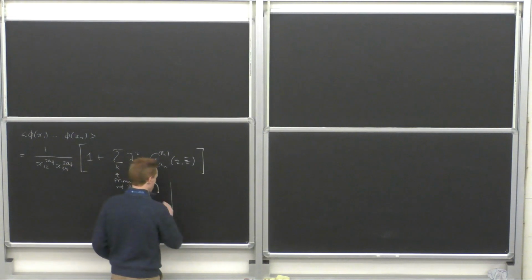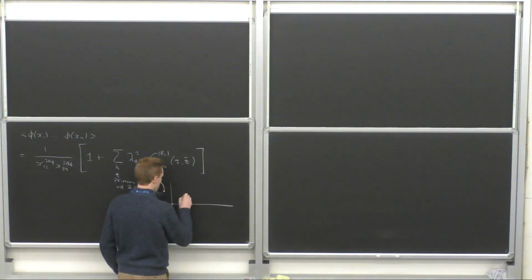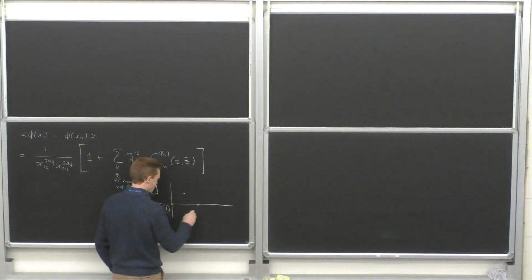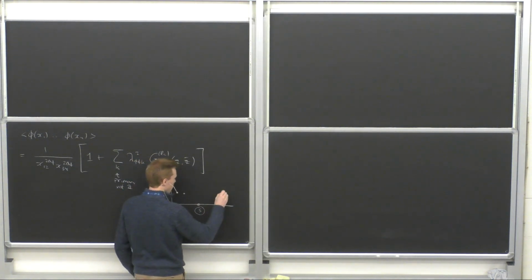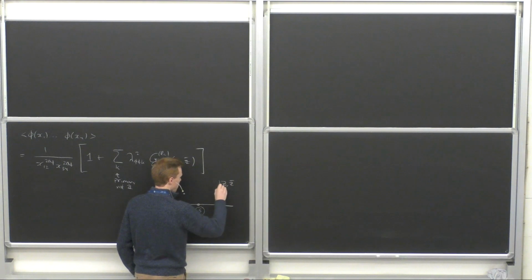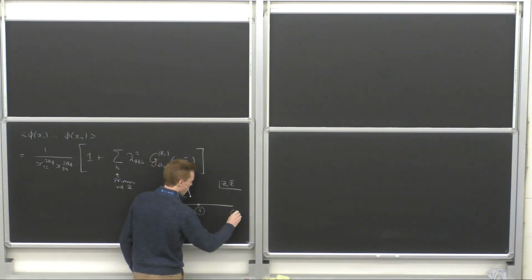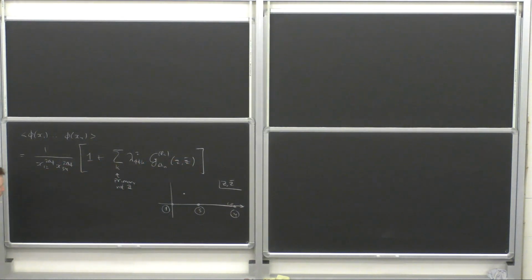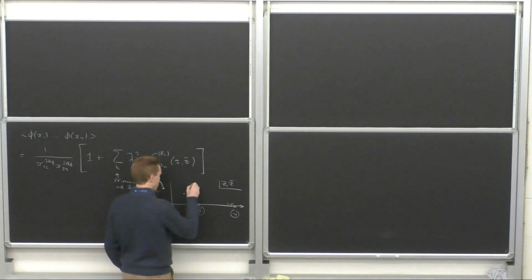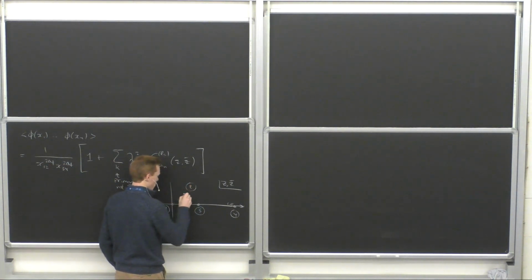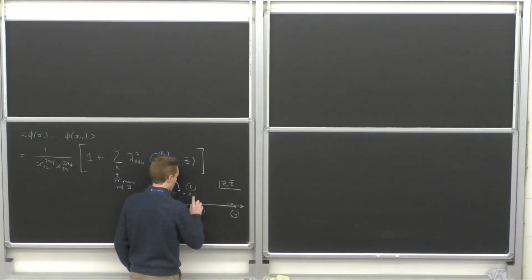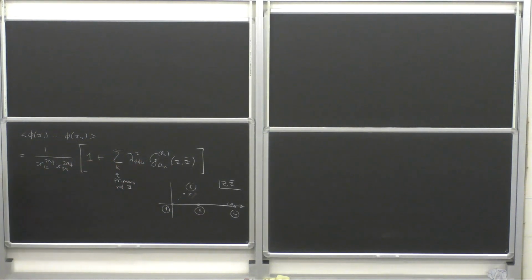And of course, let me briefly remind you of these z bar variables. We put operator 1 here, operator 3 here. We are in some complex plane. Operator 4, we send it to infinity. And operator 2 sits wherever it sits and has a complex position z.